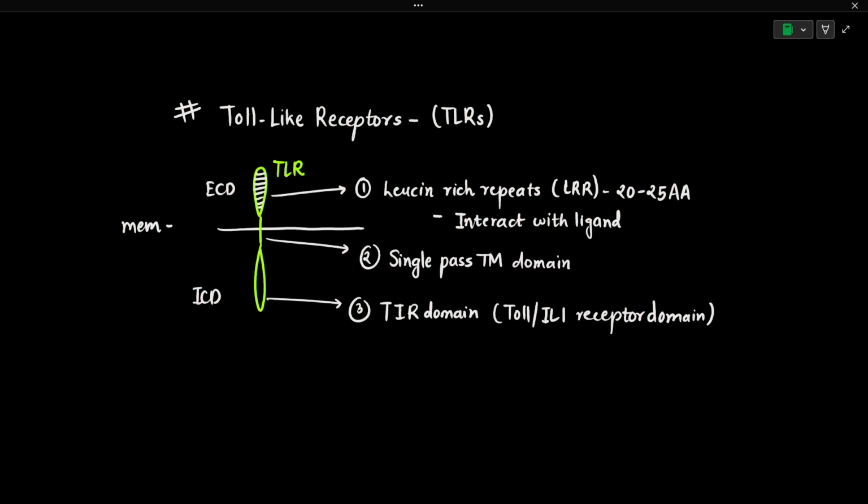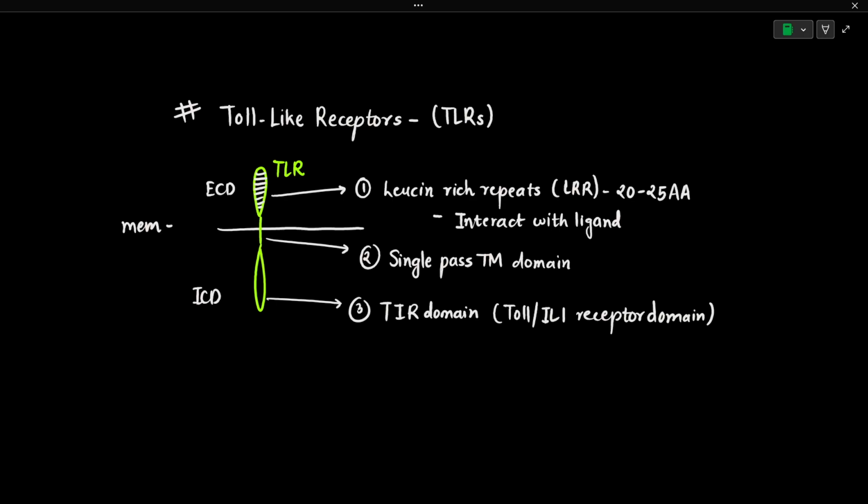Assume that by some method we cleave this intracellular domain, then the activity of TLR will be completely abrogated. So these are the different domains of TLR, and the TIR domain is found in all the TLRs, and it carries out the signaling.